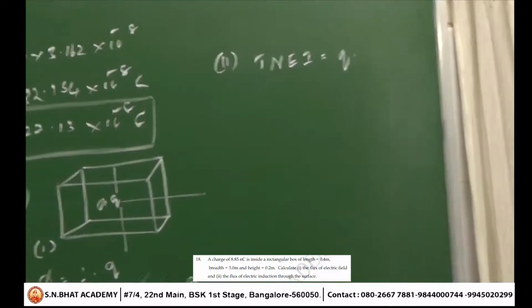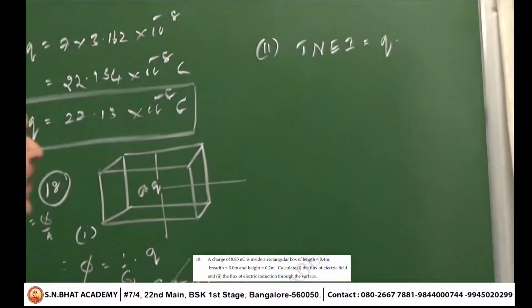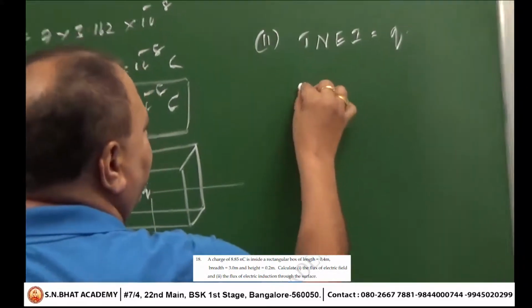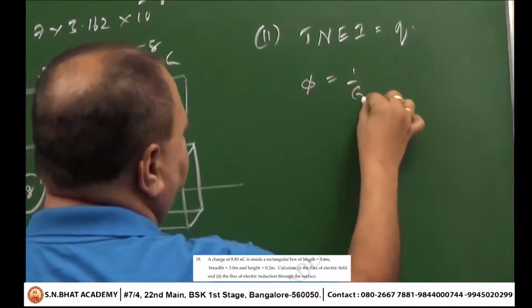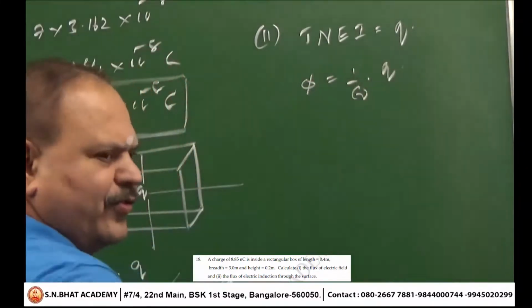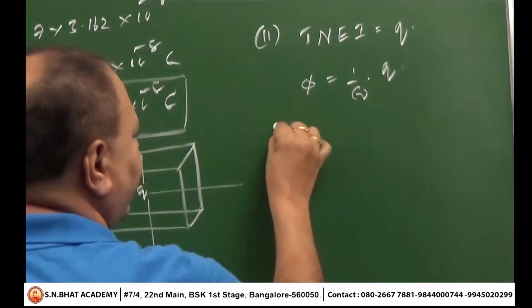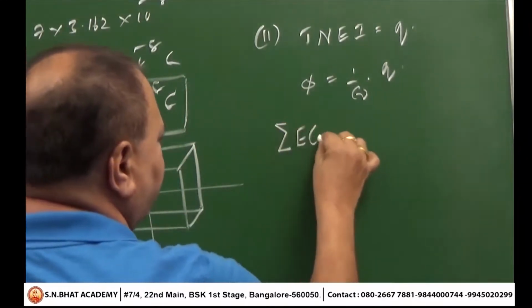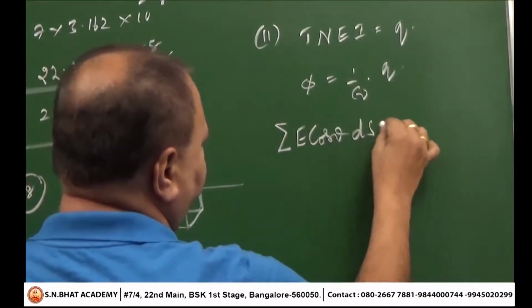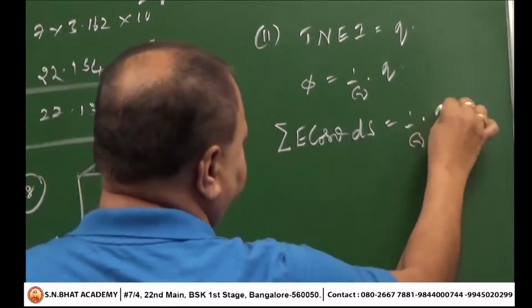Remember, one statement of Gauss theorem that you know is that your flux phi is equal to 1 by epsilon naught times the total charge enclosed. The flux formula is summation E cos theta into ds, and that is equal to 1 by epsilon naught into q.